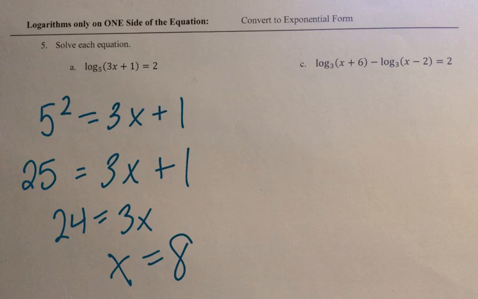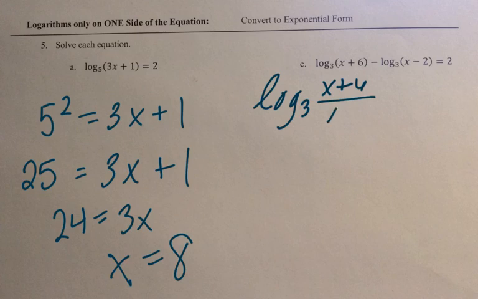Okay, so then let's do the same thing. First, I want to condense this down. So I'm going to end up getting log of 3x plus 6 over x minus 2. We're condensing that logarithm based on our rules that we saw in 4.3. Now I have a log on one side, so I'm going to rewrite this in exponential form.